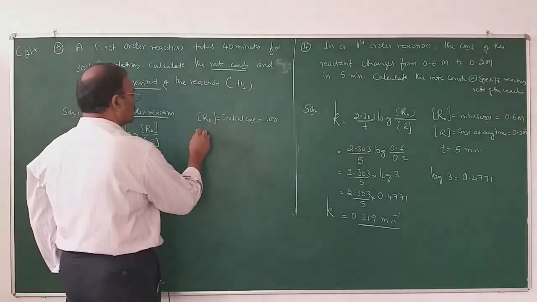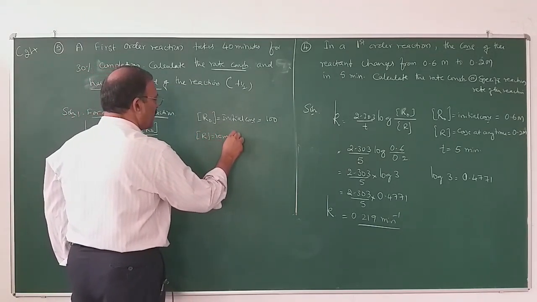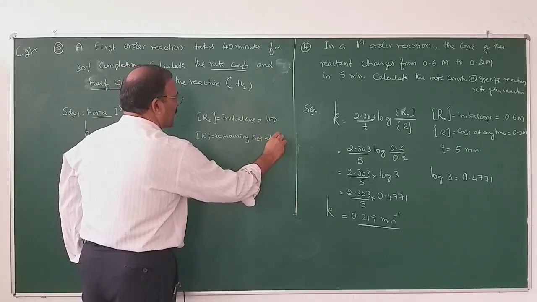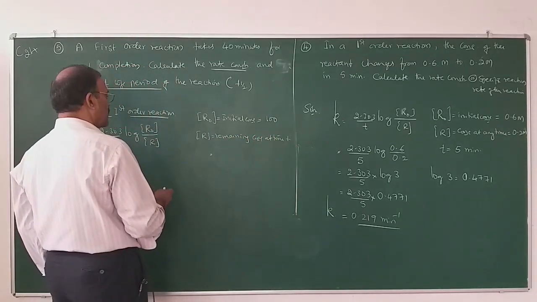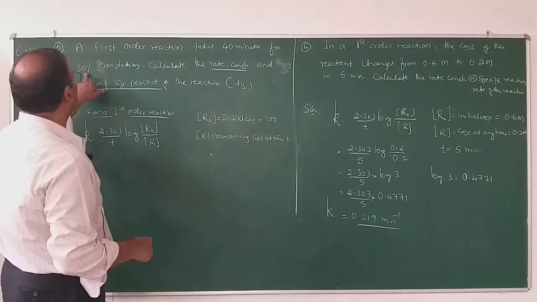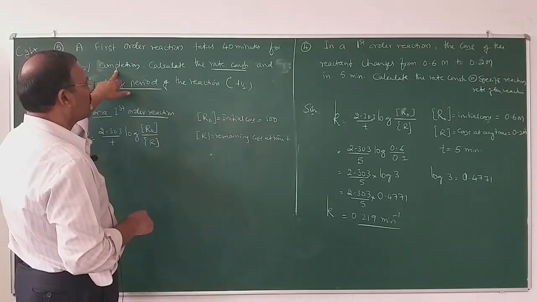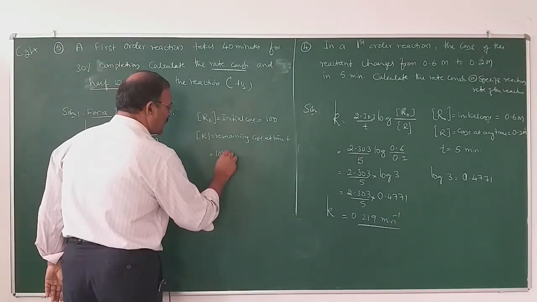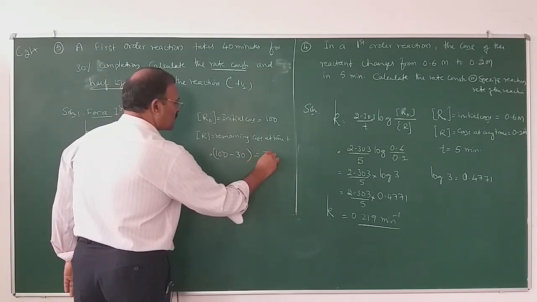Then what is R? R equals remaining concentration at time t. What is the remaining concentration? Here it is given 30% completed means 70% remaining. Therefore, we have to write 100 minus 30, that equals 70.